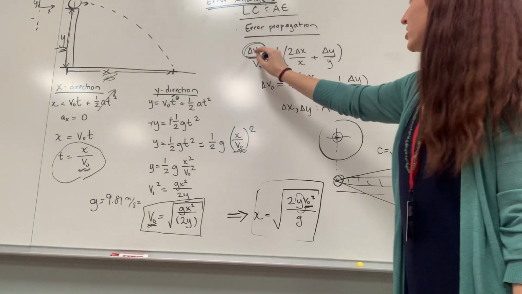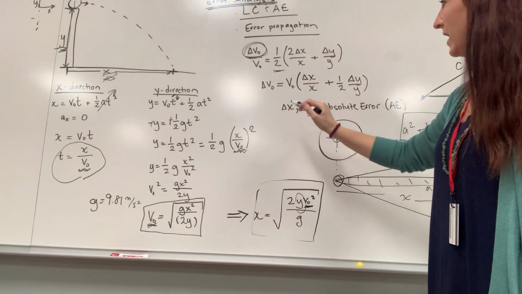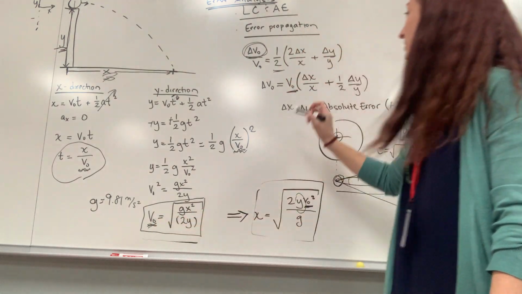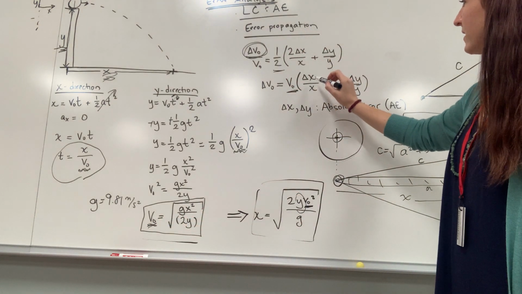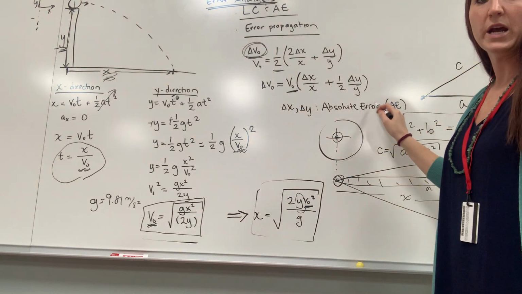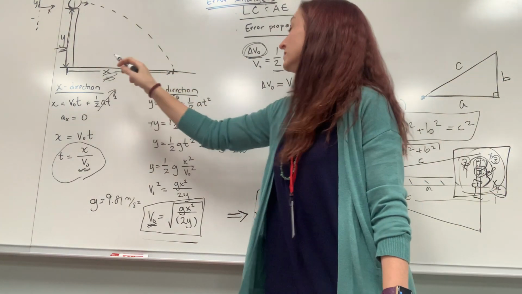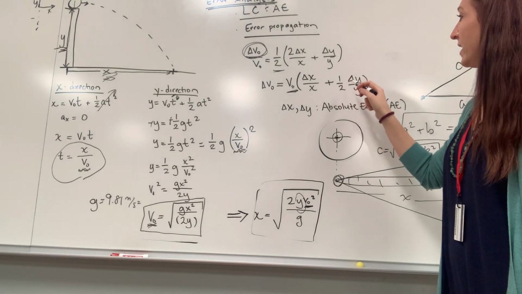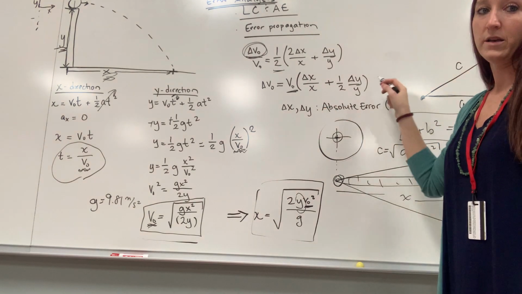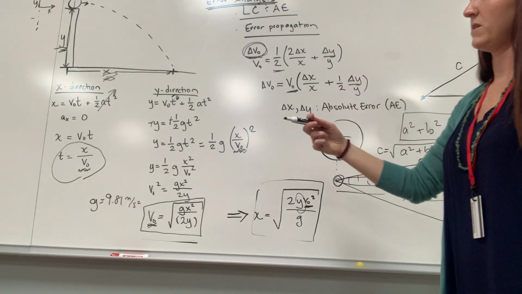So if we just solve for this delta V naught, we have V naught, again, this is the number that you found in part 1 of the lab, times delta x over x, where delta x is your absolute error associated with your measurement of this distance, plus 1/2 delta y over y. Again, delta y, the absolute error associated with your height measurements.